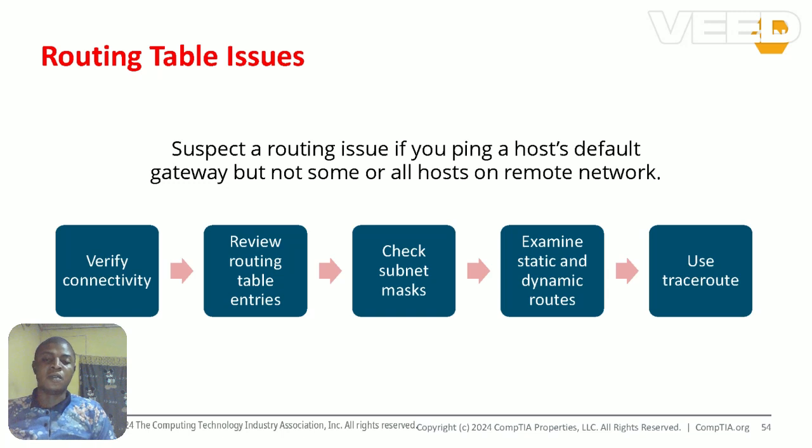Number two, review the routing table entries. Number three, check the subnet maps. Number four, examine the static and the dynamic routes and use your traceroute. And this is what is useful. All those tools we mentioned in other tutorials are meant to find a solution to problems in routing, in routers.